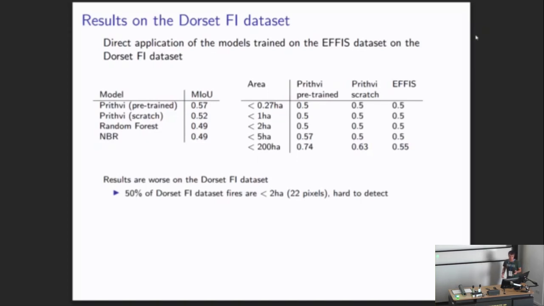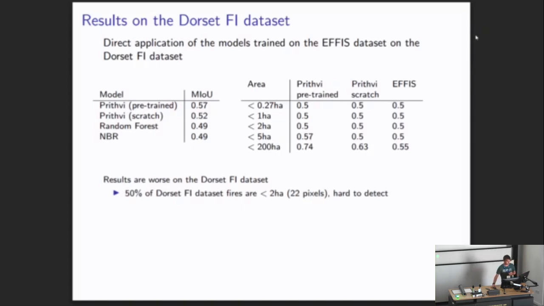And one big explanation of why this model doesn't work as well is because most of the fires are extremely small. This is Dorset Fire Intervention dataset, so smaller than 2 hectares, which is less than 22 pixels in the image, which is quite small, especially given that I was training my model on EFIS.